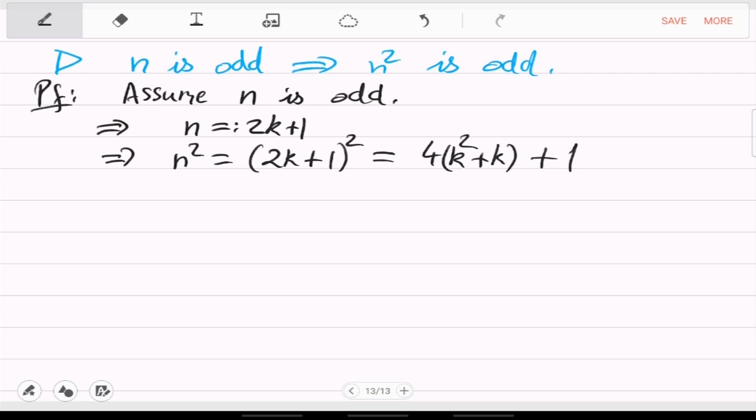And is that odd? Yeah, because it's again of the form 2k prime plus 1. So that means that n square is odd. Okay, so that finishes the proof.